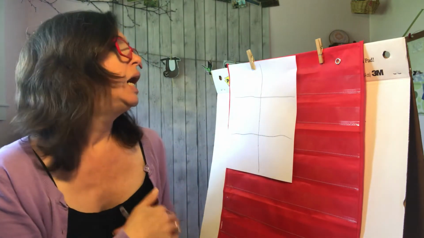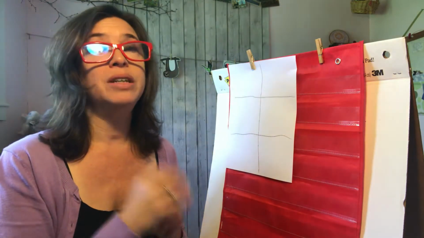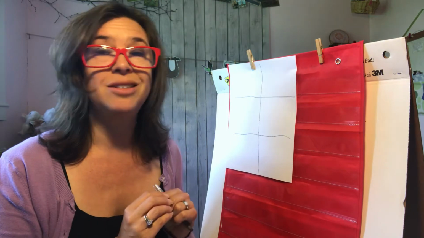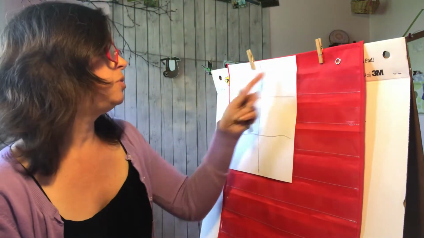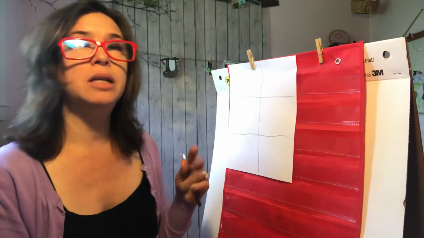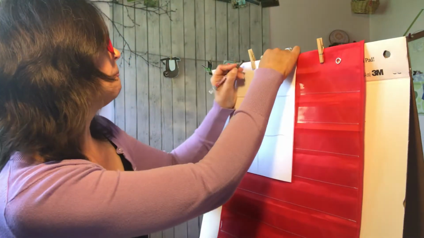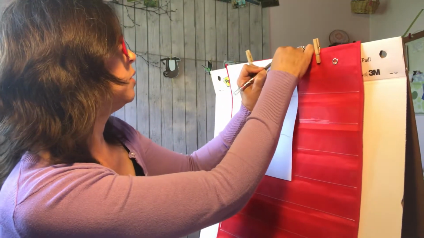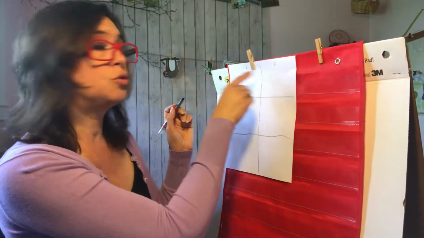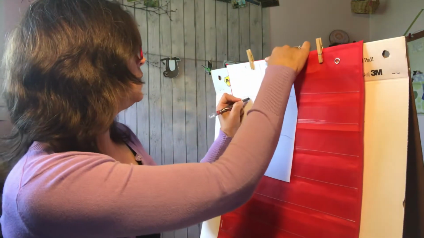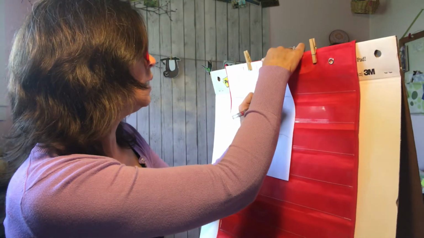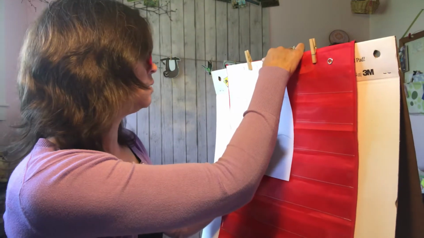Bien. Another trick that I find really, really helpful to keep kids organized and know where we are is to number these, because then I can use that as a reference point. So, 1, 2, vamos a poner los números aquí. 1, 2, 3, 4, 5, y 6.